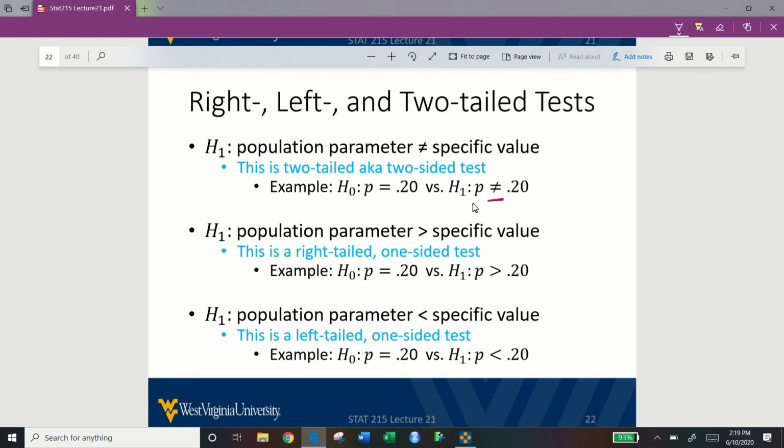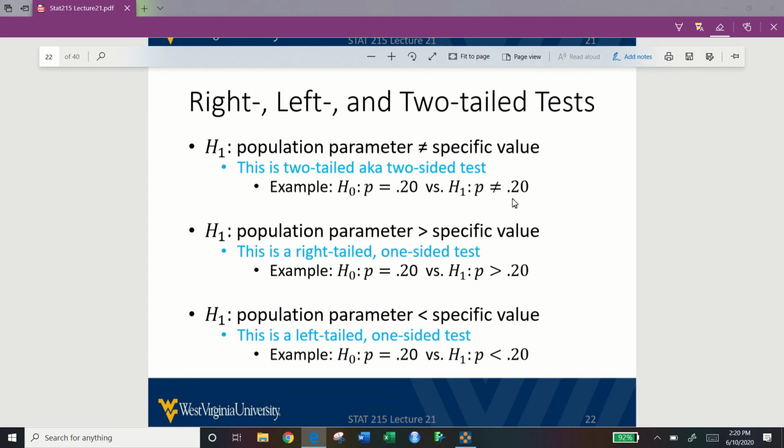Now, this sign in your alternative hypothesis has three options: not equal to, greater than, or less than. These are known as right, left, and two-tailed tests.